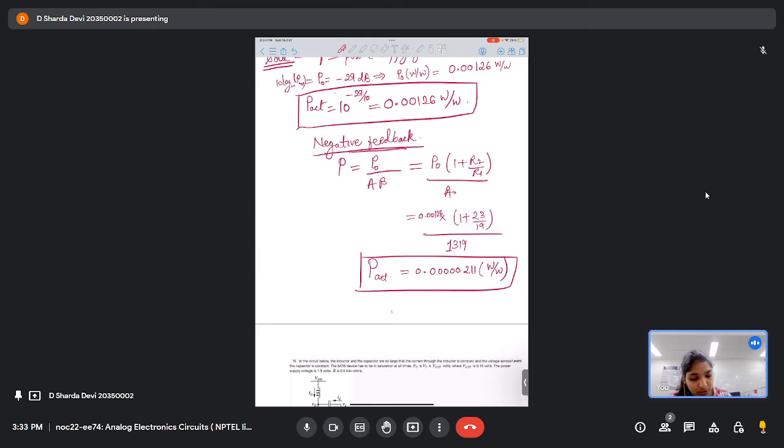Now we want to convert it into dBs, so P in dBs will be 10 log of P actual after feedback.